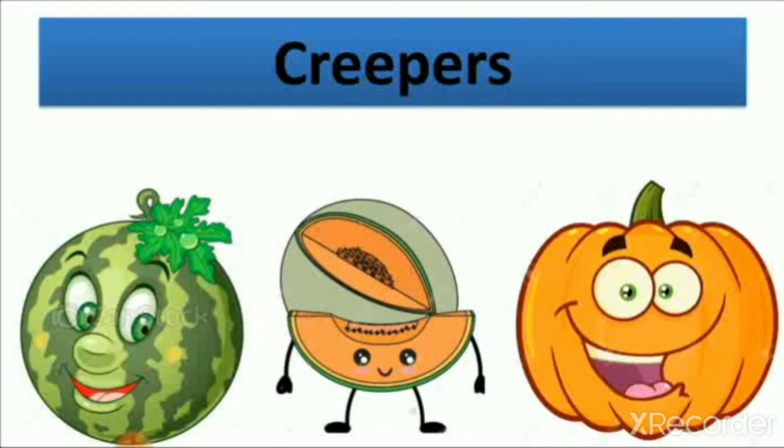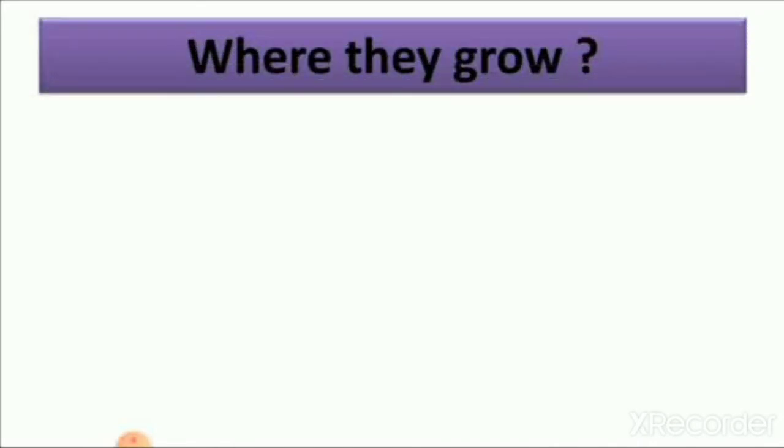Then what did you observe in this picture? Watermelon, muskmelon and pumpkin. They all are big in size. So we learn about that type of plant, where they grow and how they grow. Okay. So we learn about creepers. Now where do they grow?